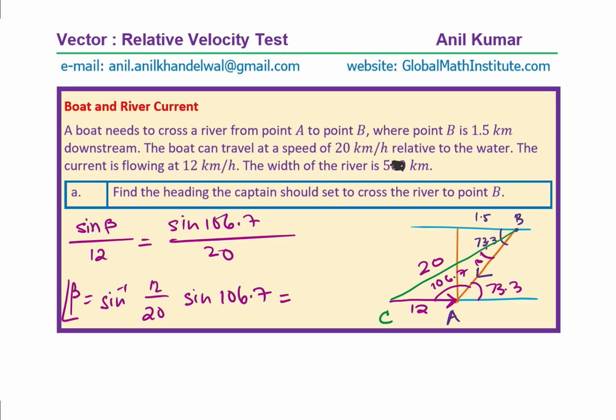So let's find this angle now. So let's find sine of 106.7 and then multiply this by 12 and divide by 20. So we get 0.5764, and we'll do sine inverse of this. Shift sine inverse of the answer, and that gives us an angle of 35 degrees.